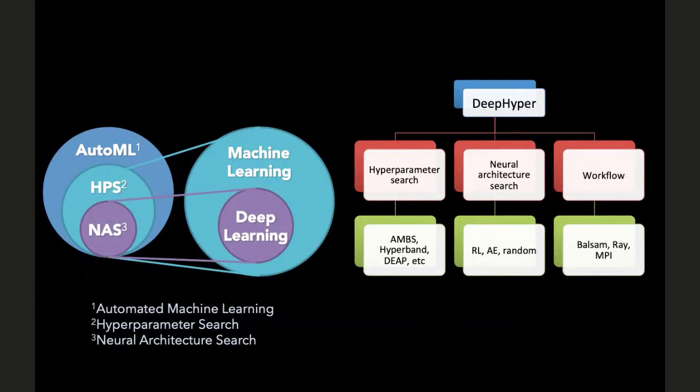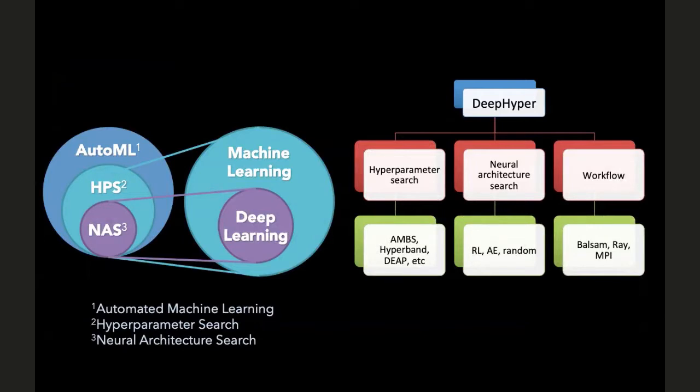Hyperparameter search is a subset of automated machine learning, and neural architecture search is a subset of hyperparameter search, particularly for deep learning. And you can do hyperparameter search even for classical algorithms like random forest, gradient boosting, support vector machines, and so on and so forth. But again, we will be focusing primarily on deep learning, on deep neural nets.